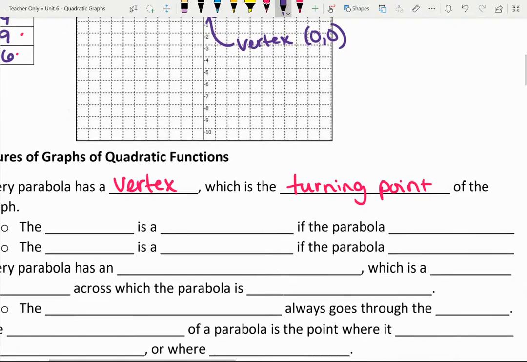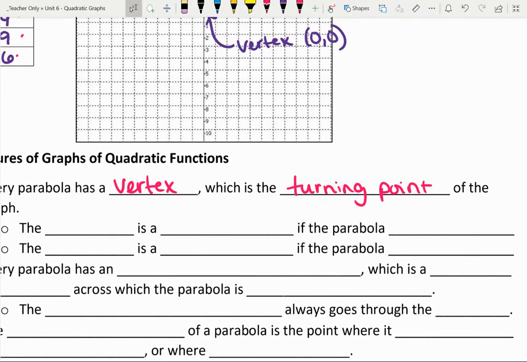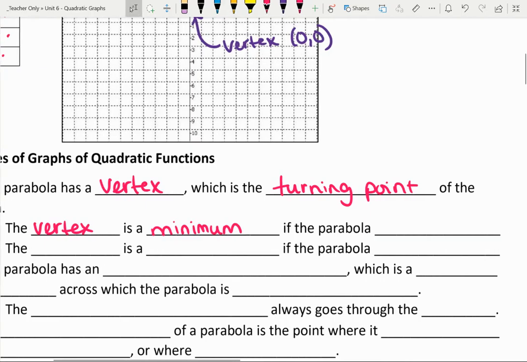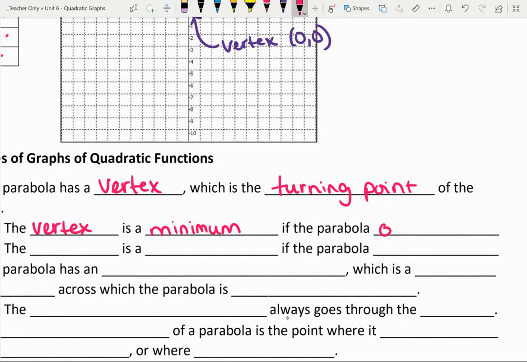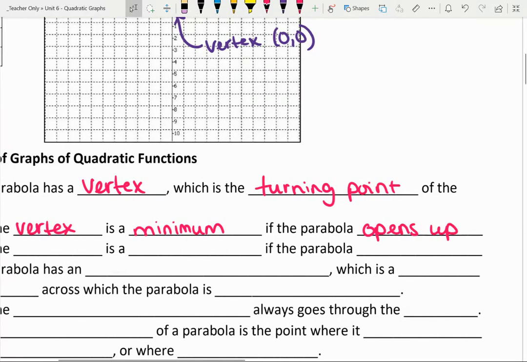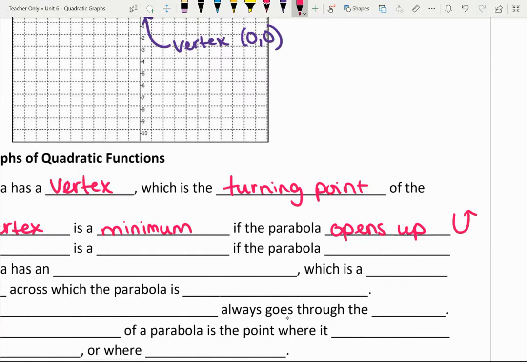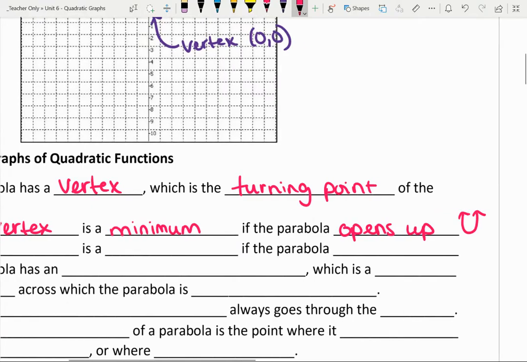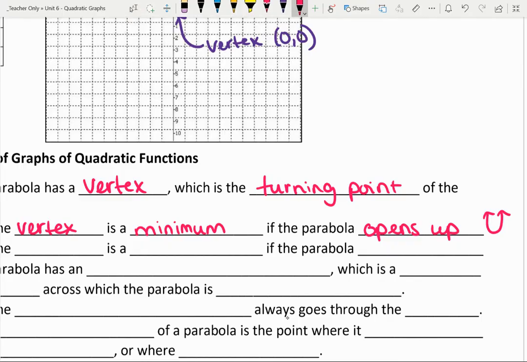Now, we talked a little bit about some other descriptions for the vertex. For instance, the vertex in this case is a minimum. It's at the bottom of the graph. The parabola is opening upward, so the vertex is at the very bottom of that graph.